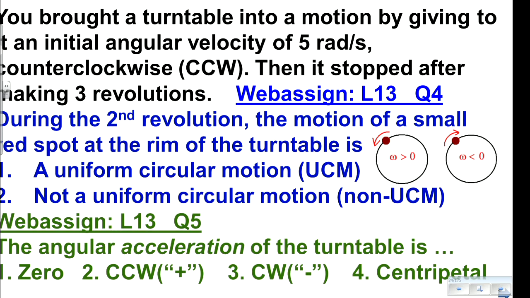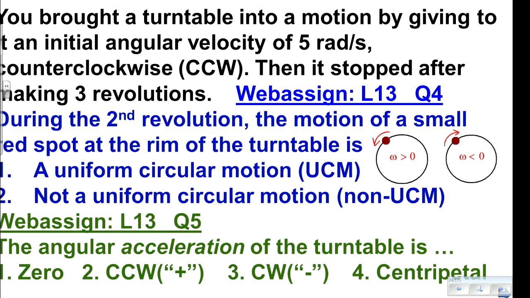Now I want you to answer two questions at once. This is the same turntable. We pushed it once, not as strong, something like this. It stops after making exactly 3 revolutions. Questions 4 and 5 are related.